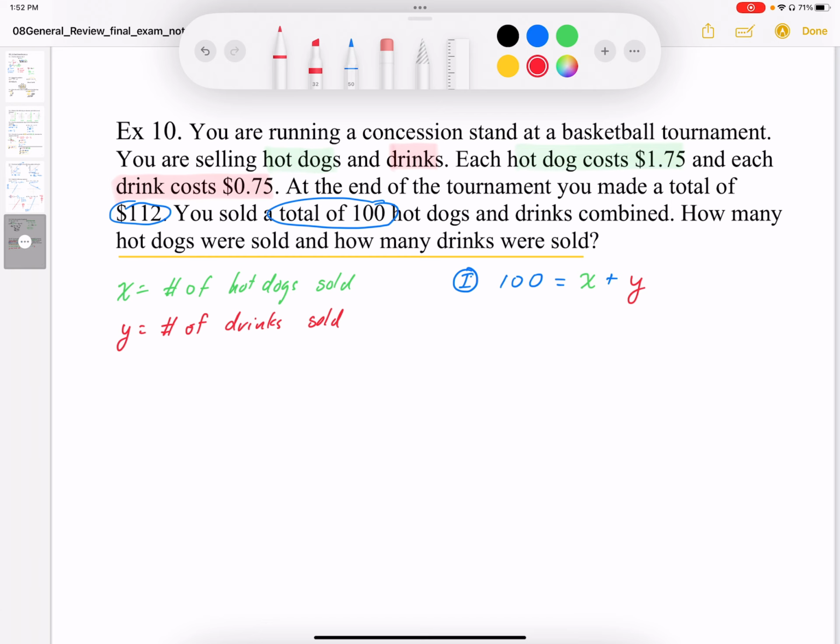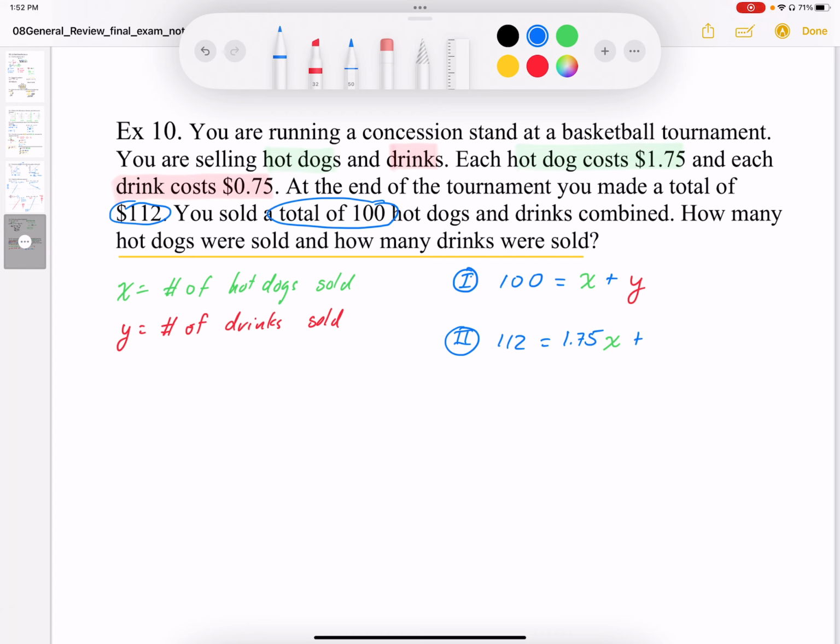The other relationship is going to be based on money. It's going to be based on that $112. How do I get to that $112? Well, I have hot dogs, they cost $1.75. So to get the amount of money from hot dogs, I could do $1.75, but I have groups of $1.75, so multiplying by the number of hot dogs.